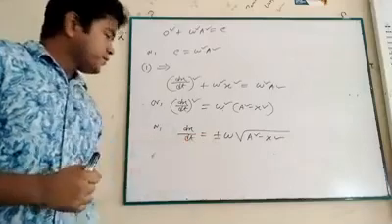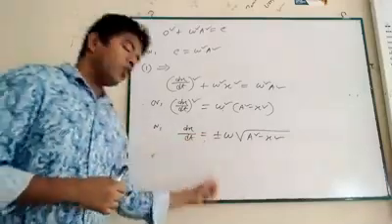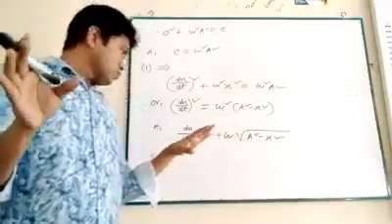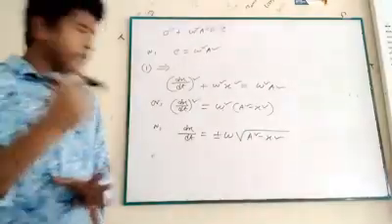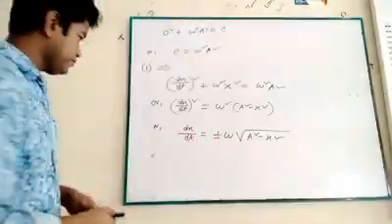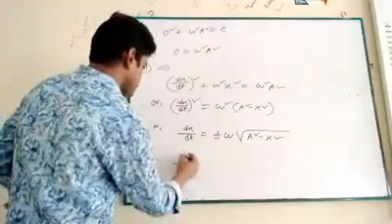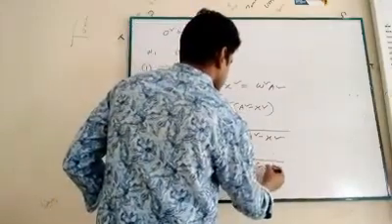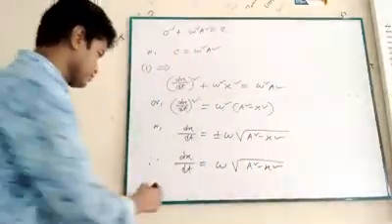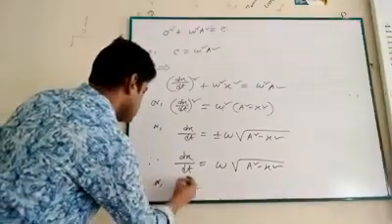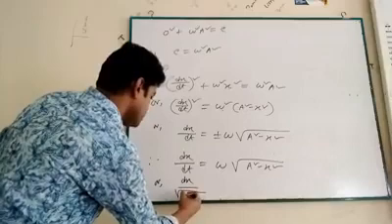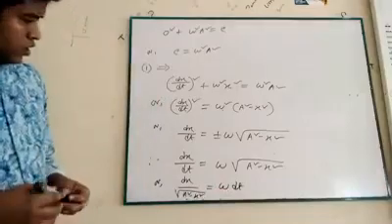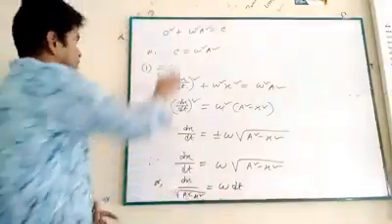Now we can take positive sign or negative sign. At first we will take positive sign and then negative. dx/dt equal to ω√(a² minus x²), or dx over √(a² minus x²) equal to ω dt.